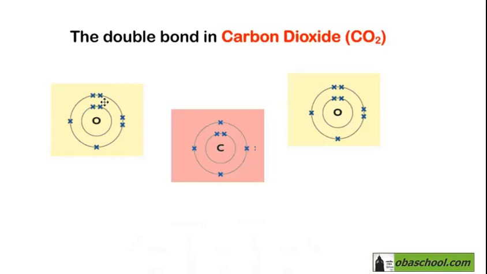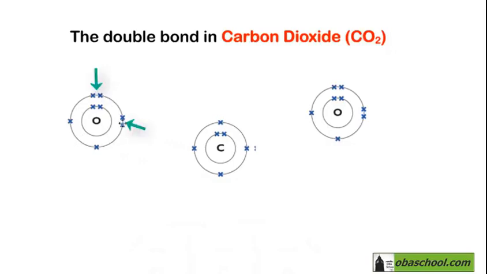Based on the number of unpaired electrons in each atom, we will conclude where the double bond would be formed. Focus on the outermost shell in each atom. In oxygen, there are two pairs of electrons in the outermost shell and two single electrons that are not paired.